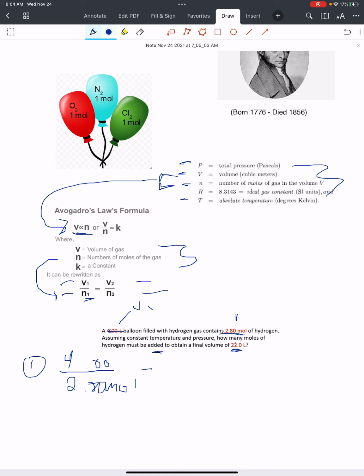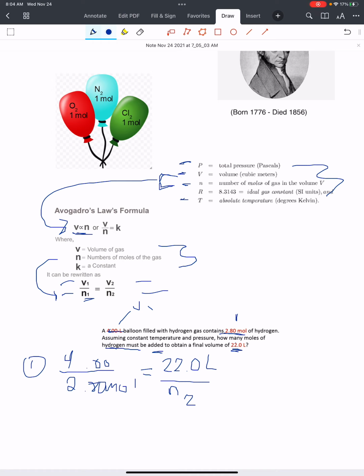And this is equal to the final volume of 22.0 liters over N2. So N2 is how many moles of hydrogen must be added. So this is what we need to find.